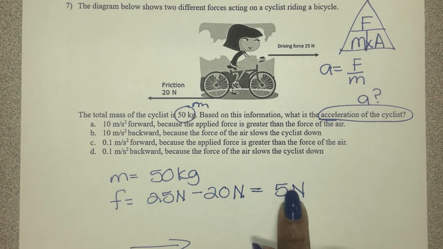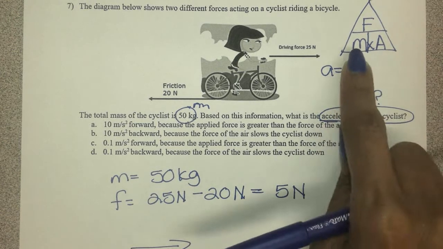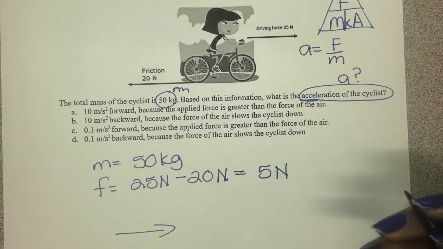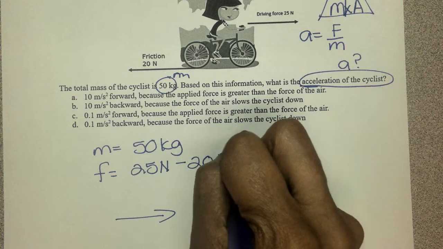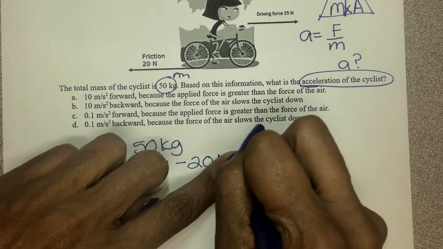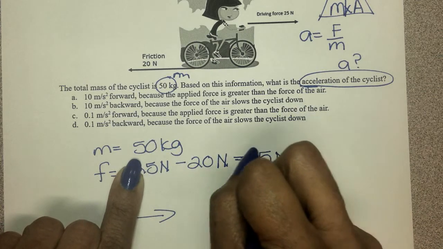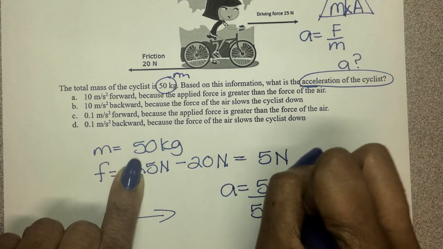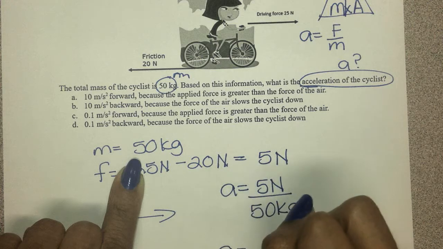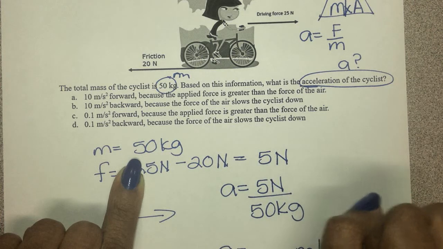Now you're going to use this force in the equation to find the acceleration. So acceleration is force, 5 newtons, divided by mass, 50 kilograms. Remember, acceleration is always in meters per second squared.